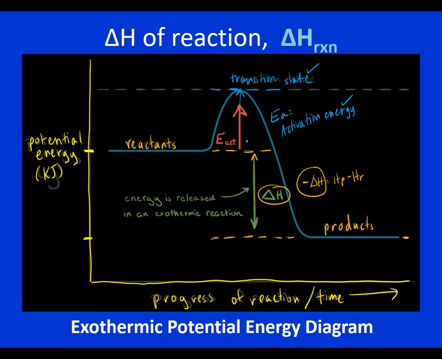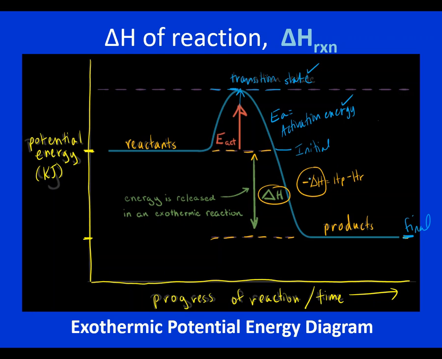But for our purposes and for delta H, once again, state function, we care about the final state and we care about the initial state. Those are the two things we're going to be paying attention to right now.